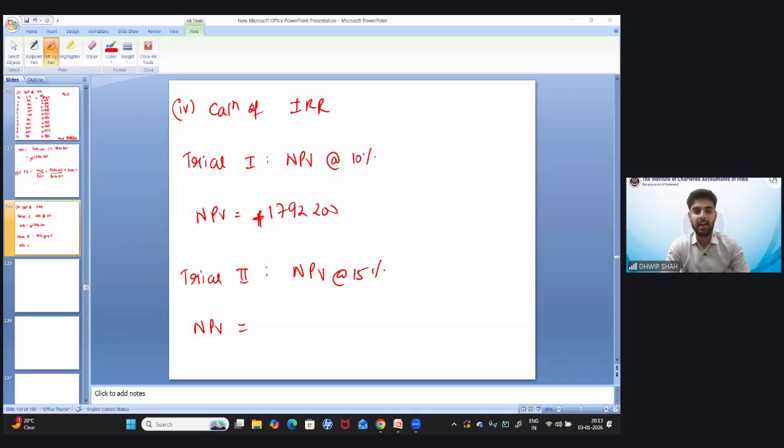Everyone, क्या आ रहा है NPV when discounting rate is 15%? Yes, -116. ठीक है. सो हमें NPV की रेंज मिल गई. It is somewhere between 10 and 15.